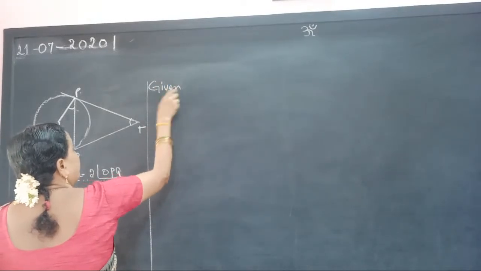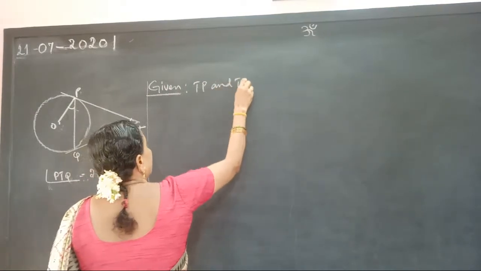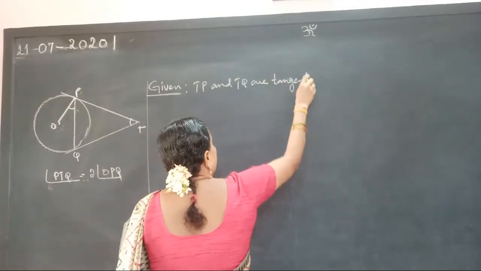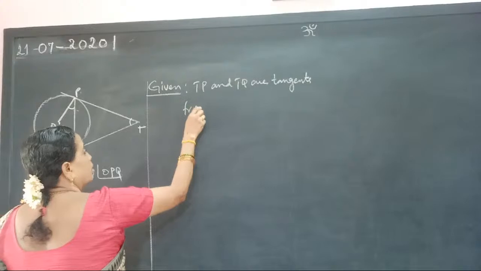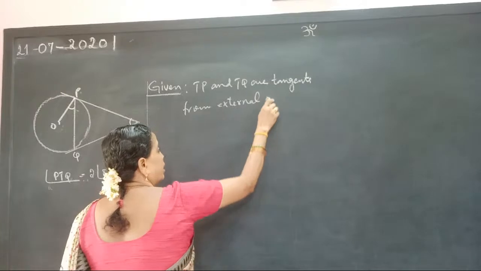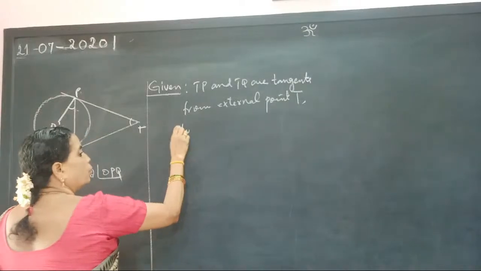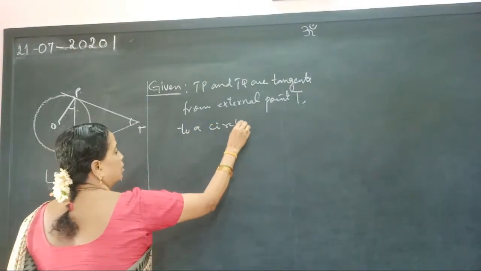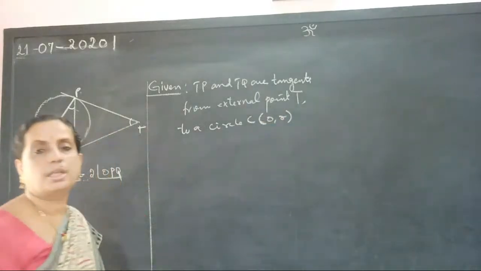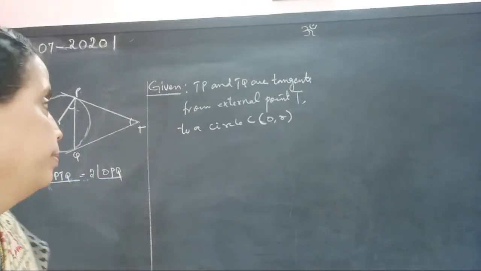Okay, given. What is given you can write. TP and TQ are tangents from external point T to a circle C(O, r), circle with center O, radius r.